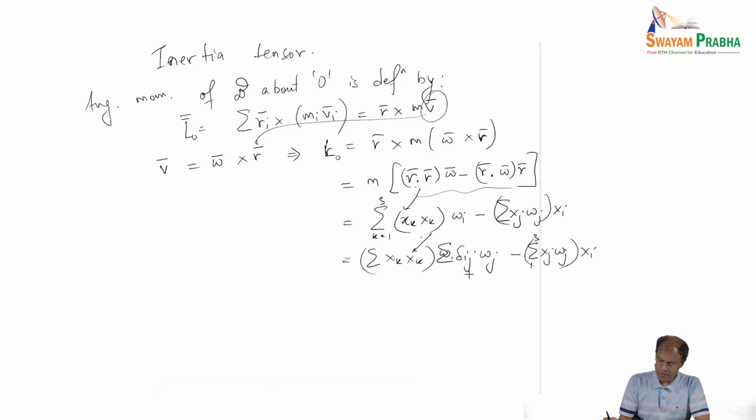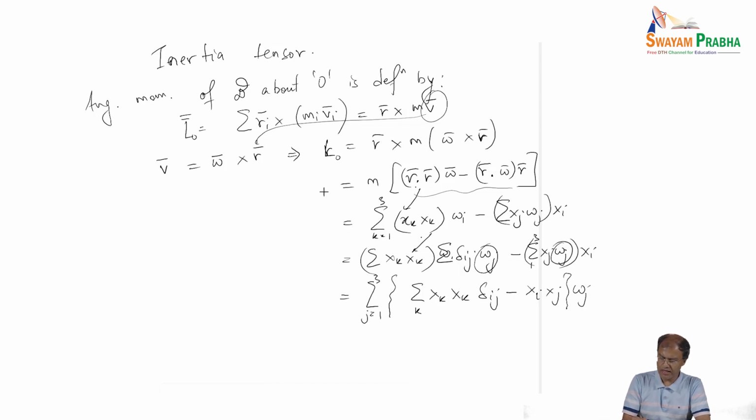Then this is also equal to summation j from 1 to 3, and I'm going to take omega j out of our equation here, and we see that this is summation over k xk and delta ij, so the j summation is gone, minus xi xj, whether xj xi or xi xj, it's the same, times omega j.